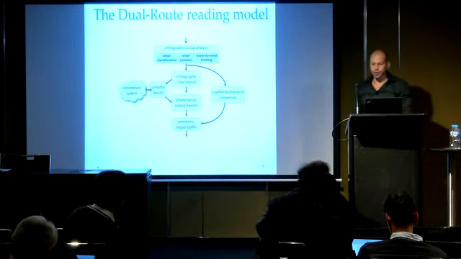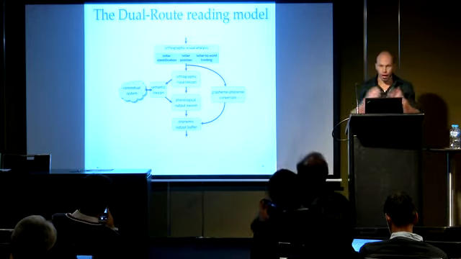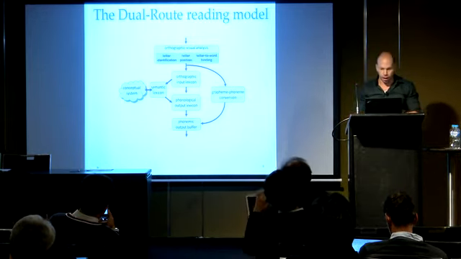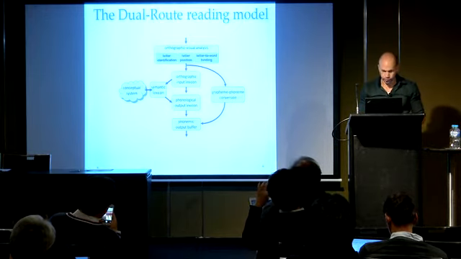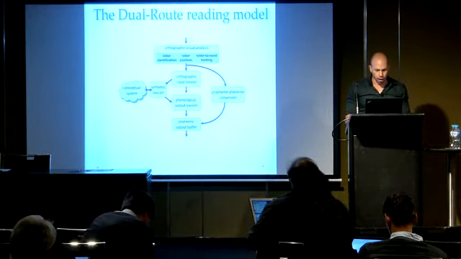And there's a very interesting cognitive model that tries to explain this complex picture. It is called the dual root reading model. And as its name suggests, reading takes place in two different roots.